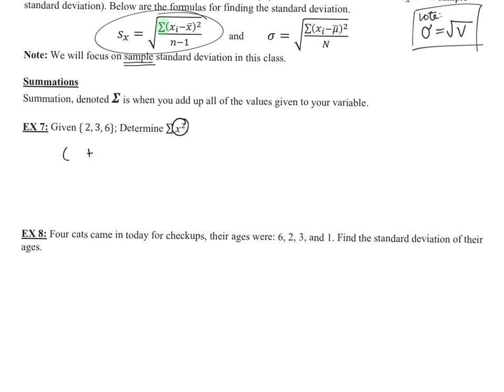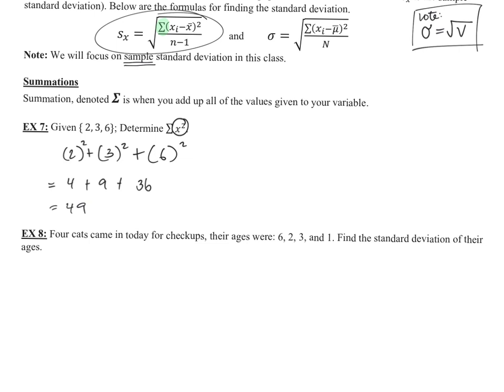I'm told to take them and square them. So 2 squared, and then I'm going to add to that 3 squared, remember, I was told to square it, plus 6 squared. Okay, so that's the sum, so let's say I have 4 plus 9 plus 36. And then adding that up, that's going to be 13 plus 36, so 49. So the sum of x squared is 49.